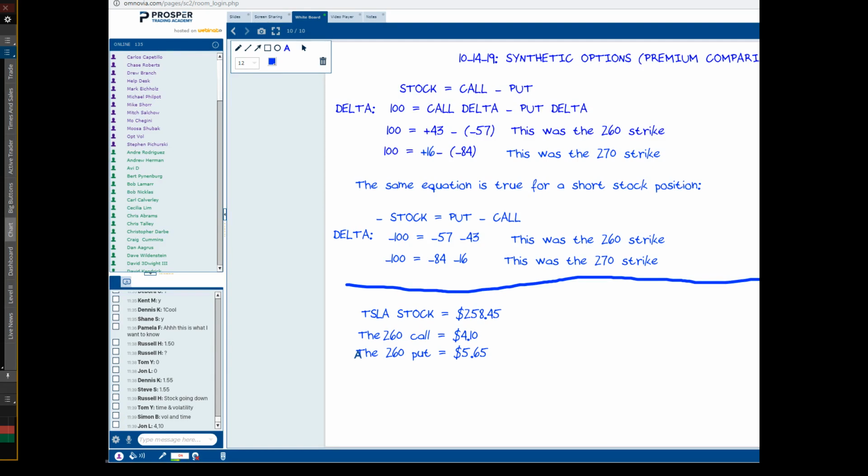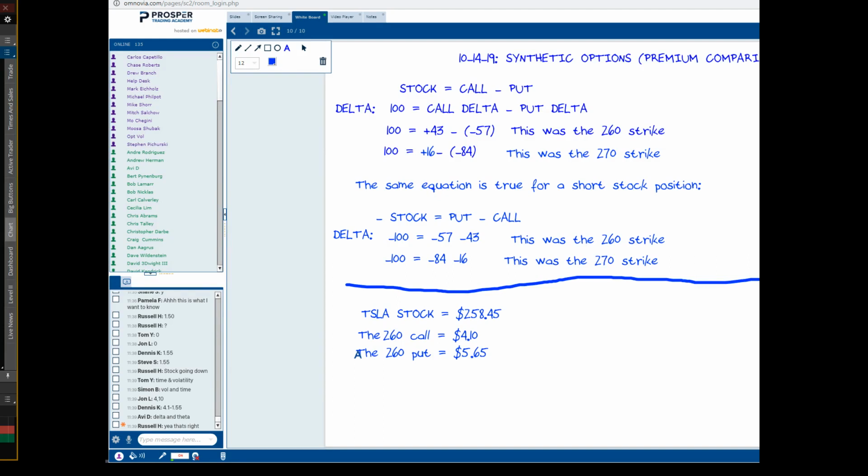Okay, so an option, call or put option, is made up of intrinsic and extrinsic value. Extrinsic value being the added premium, intrinsic value being the difference between the stock price and the strike price.